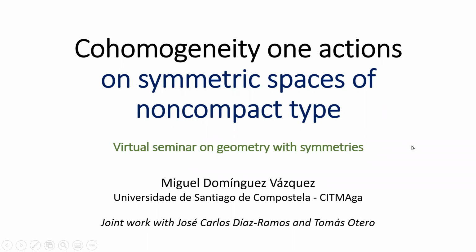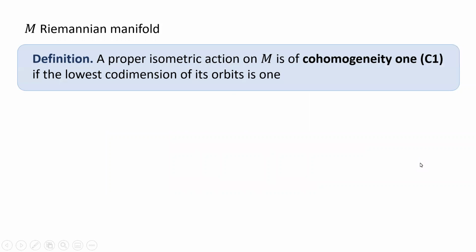So let me start by quickly recalling what a cohomogeneity one action is. For the moment, let M be a Riemannian manifold, and let a connected Lie group act on M properly by isometries.